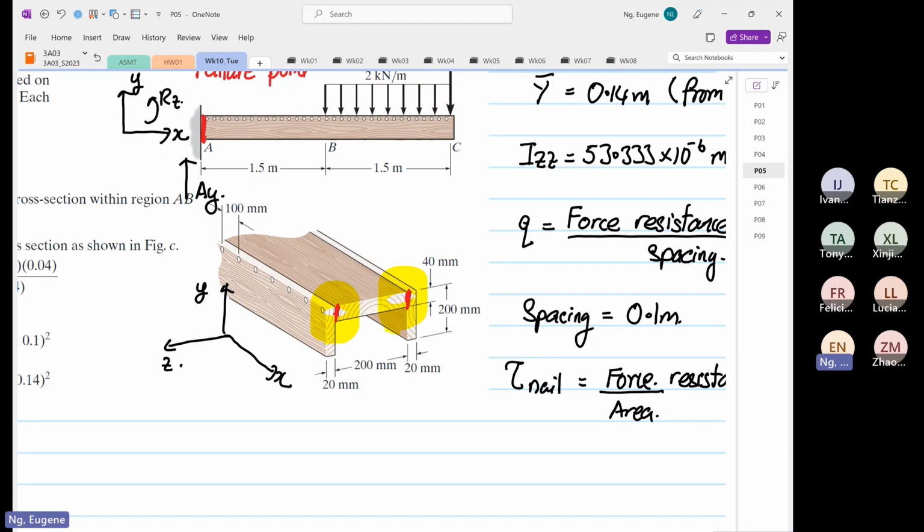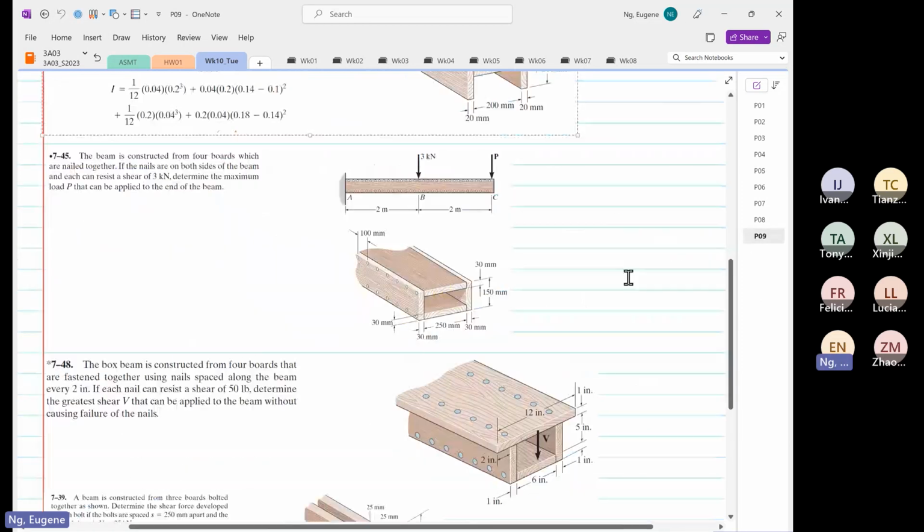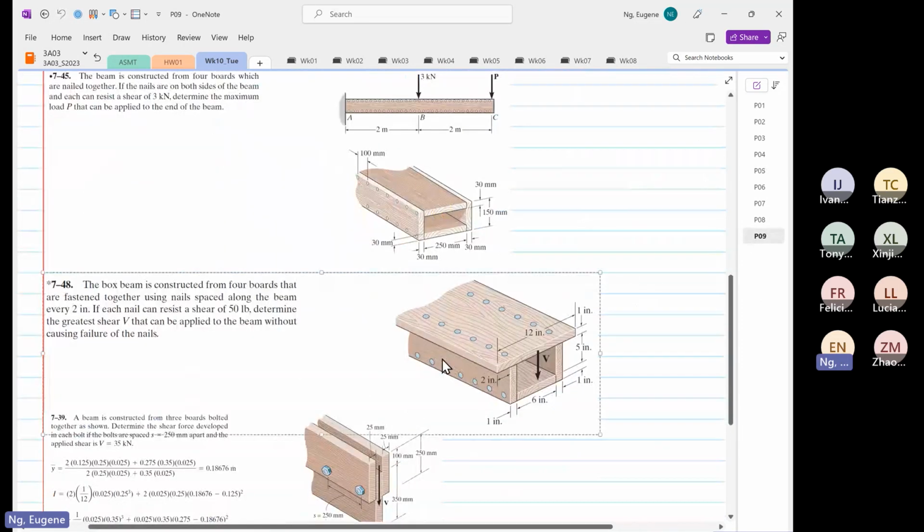In the next example, I'm not going to solve the whole problem, but I'm going to teach you how to determine the first moment of area, more important than anything else. If you see enough and get familiar with it, you should be fine. Next is not difficult, but it can be confusing.